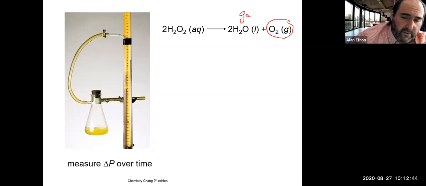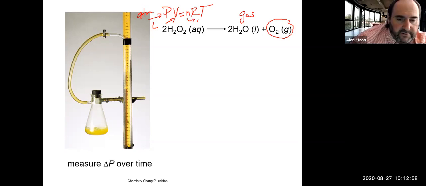And when we produce a gas, we may think about the ideal gas law, PV equals nRT, where P is our pressure, which needs to be in atmospheres, V is our volume, which needs to be in liters, n is moles, T is temperature in Kelvin, and R is our gas constant, 0.08206 liter atmosphere per Kelvin mole. So we can look at this, and because we are producing a gas, we could also measure the change in the pressure.